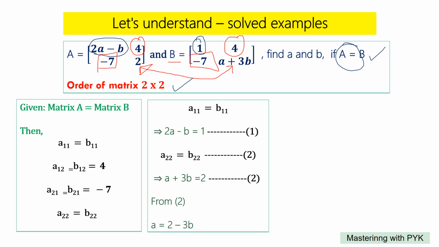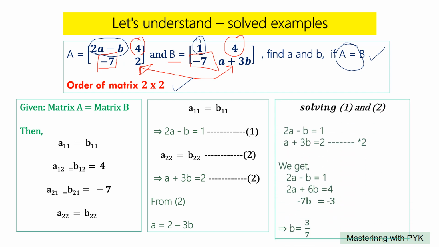On solving this, we get a is equal to 2 minus 3b. So we multiply this by 2 and on subtracting, this will become minus 7b is equal to minus 3. So b is 3 by 7.